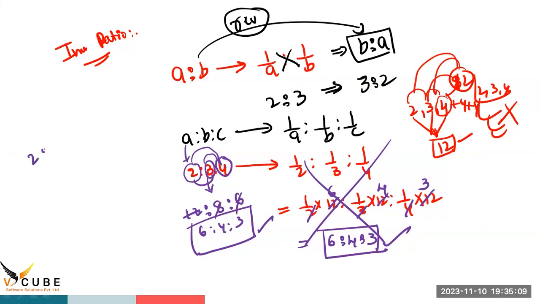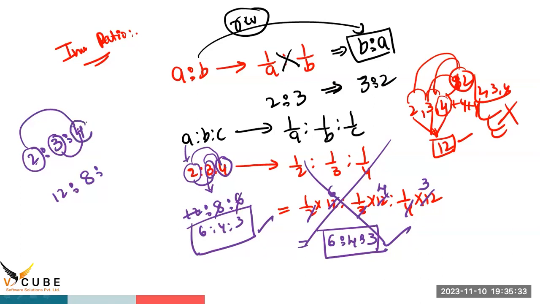So the given ratio is 2:3:4. If you want to find the A value, just close the A, multiply the remaining two numbers: 3 4s are 12. If you want the B value, just close the B, multiply the remaining two numbers: 2 4s are 8.